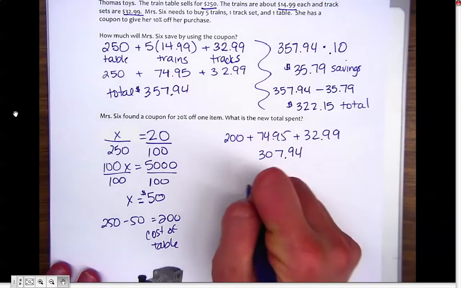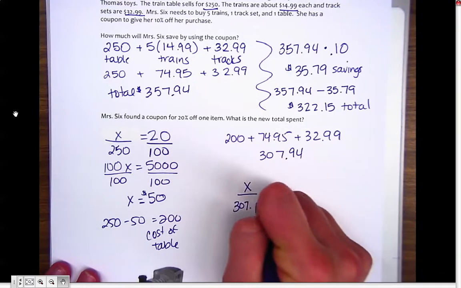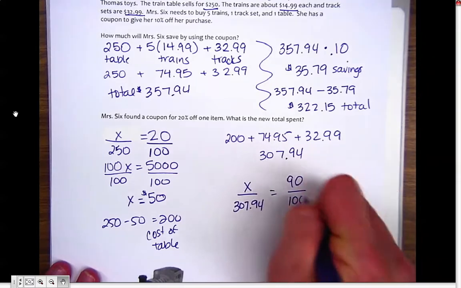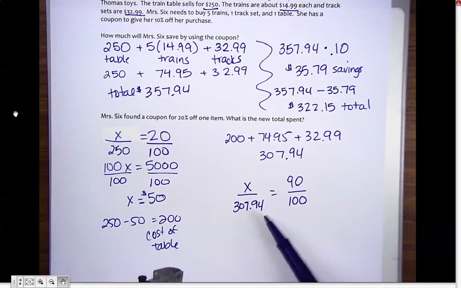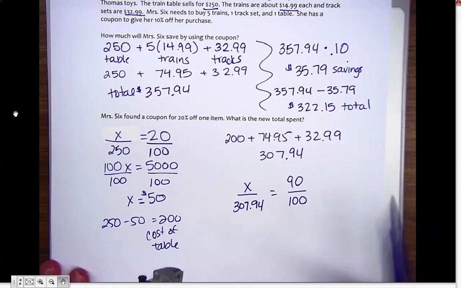So I can say X over 307.94 equals 90% out of 100. And by doing this, I don't have to do subtraction. I'm not going to have to subtract my answer from $307.94. It will just tell me what my new amount is. So that is another strategy you can use as long as you know what you're doing here.